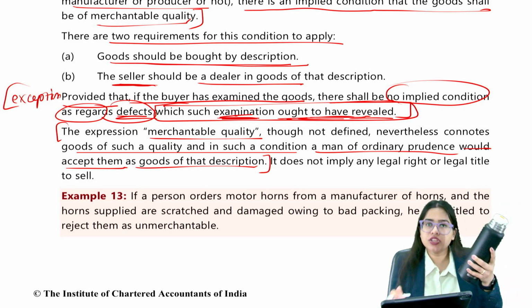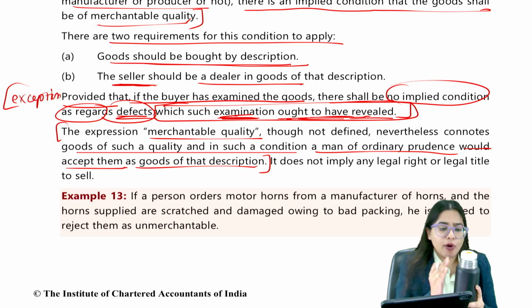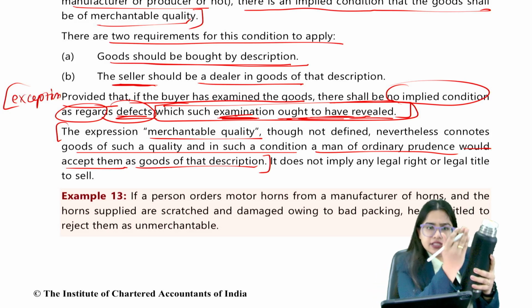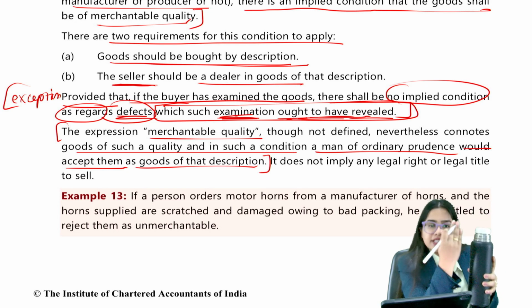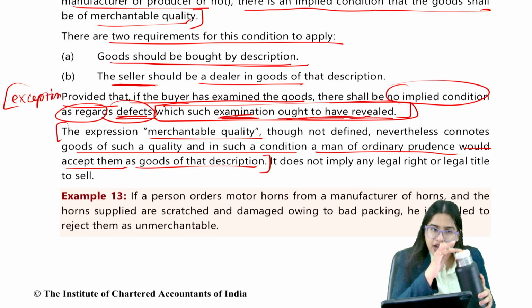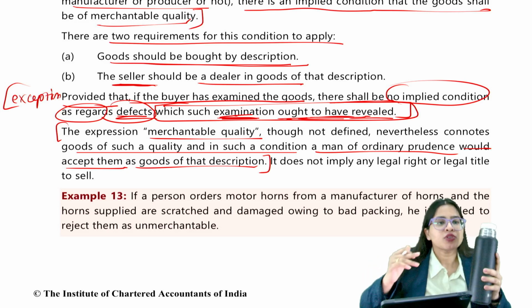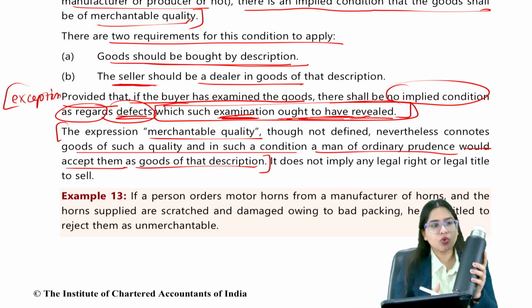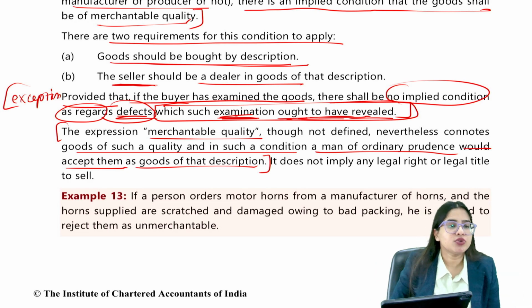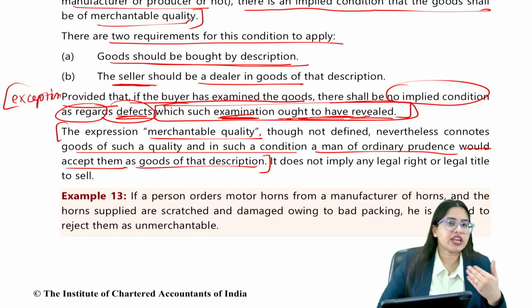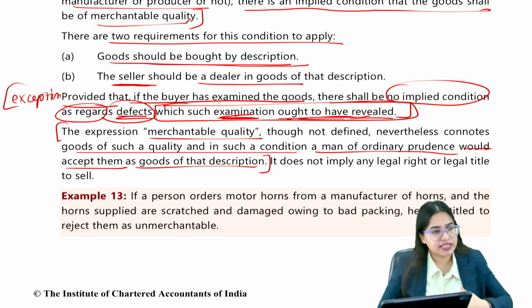We will say that the bottle is of merchantable quality when it is properly covered with a lid, it is cylindrical in shape, its bottom is covered, it is covered from three sides. Are you understanding? There is a lid. Then we say that it is merchantable, it can hold water simply.